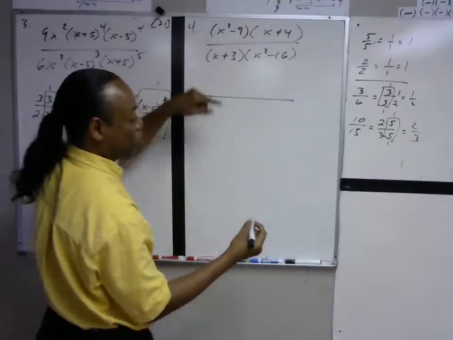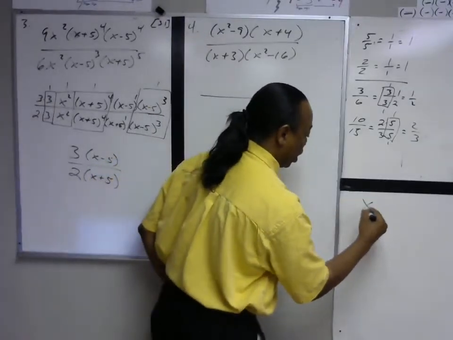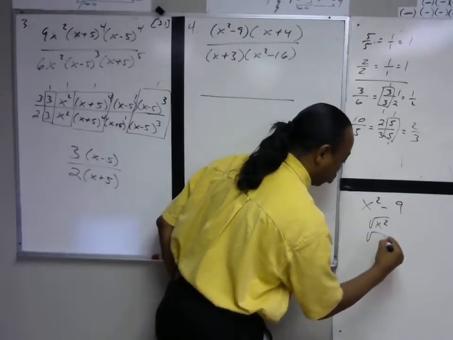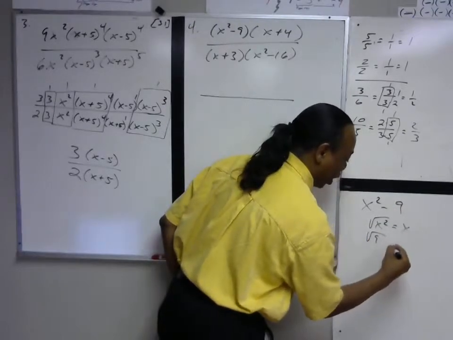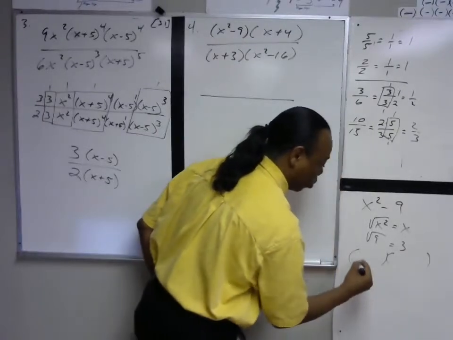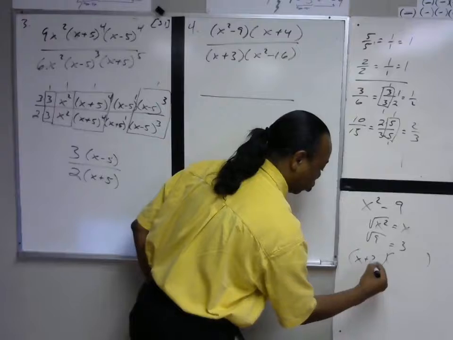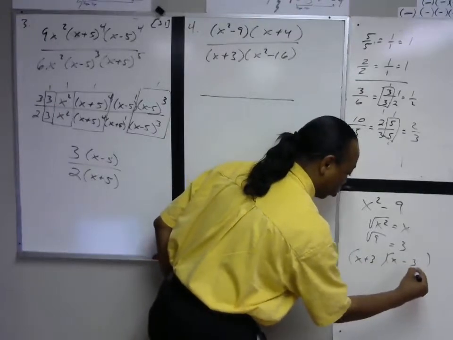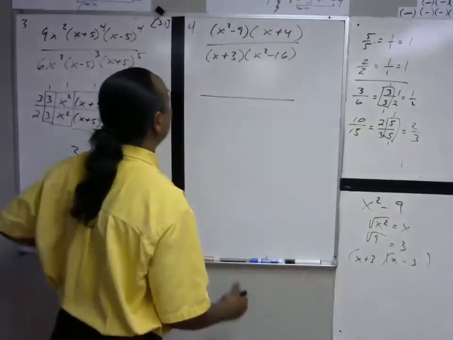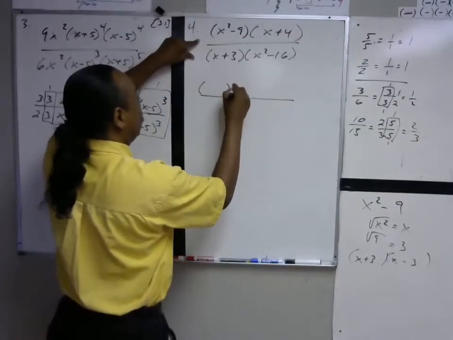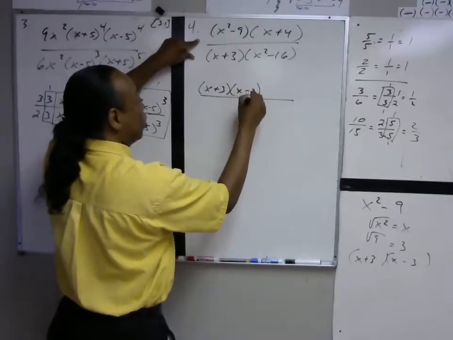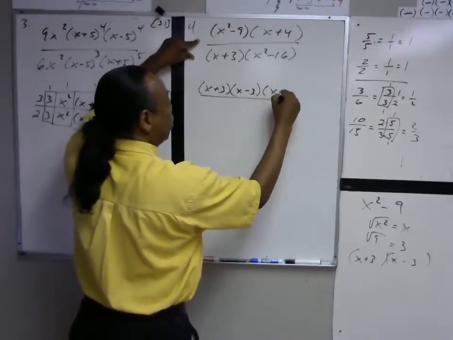Let's take a look at the difference of 2 squares. X squared minus 9, we take the square root of x squared and the square root of 9. We get x and 3. Then we write 2 binomials here with x plus 3 and x minus 3. So this simplifies into 2 binomials. So this will become x plus 3, x minus 3, and this remains x plus 4 here.